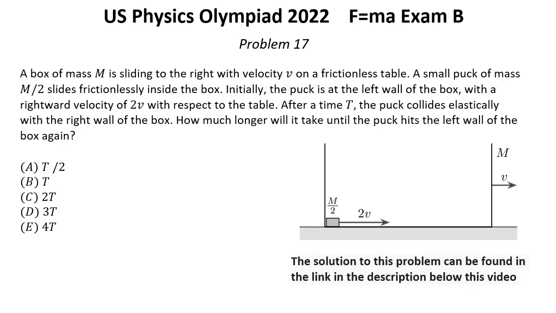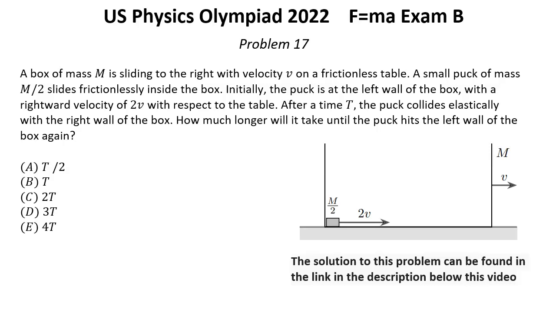Initially, the puck is at the left wall of the box with a rightward velocity of 2v with respect to the table. After a time t, the puck collides elastically with the right wall of the box. How much longer will it take until the puck hits the left wall of the box again?